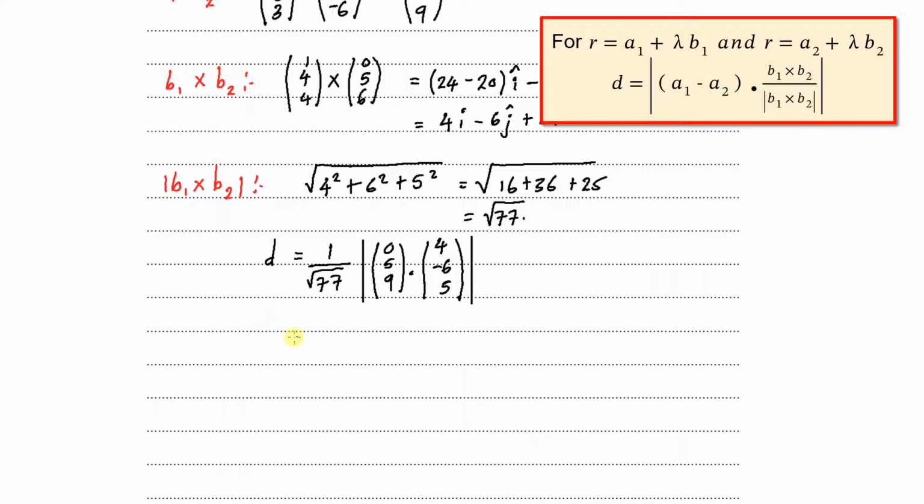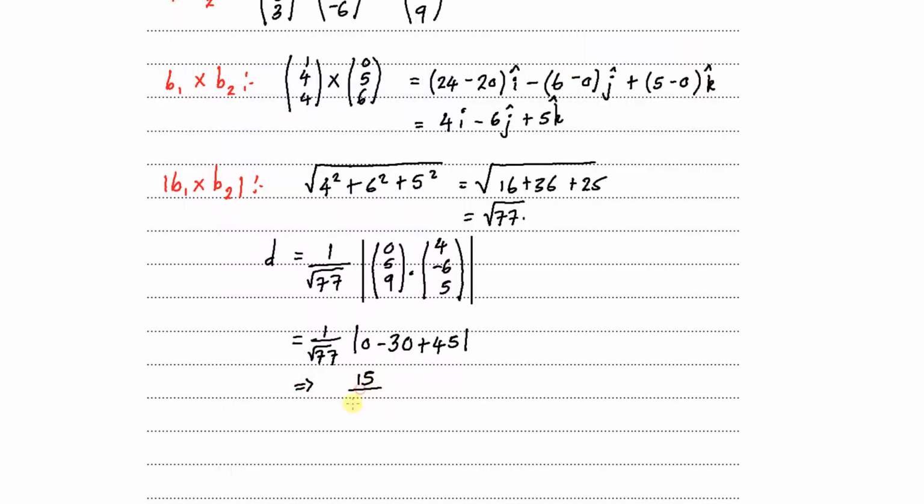The dot product here: 0 times 4, that's 0, plus 5 times -6, that's -30, and 9 times 5, that's 45. And 0 minus 30 plus 45 is 15. So this is 15 over root 77.